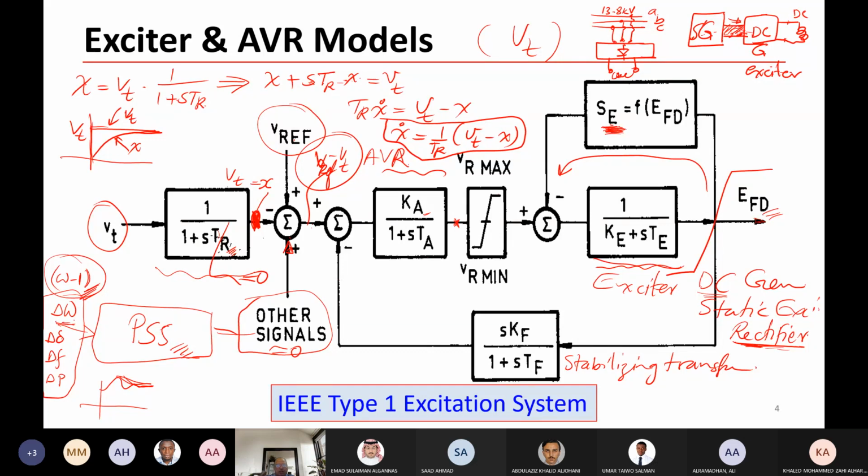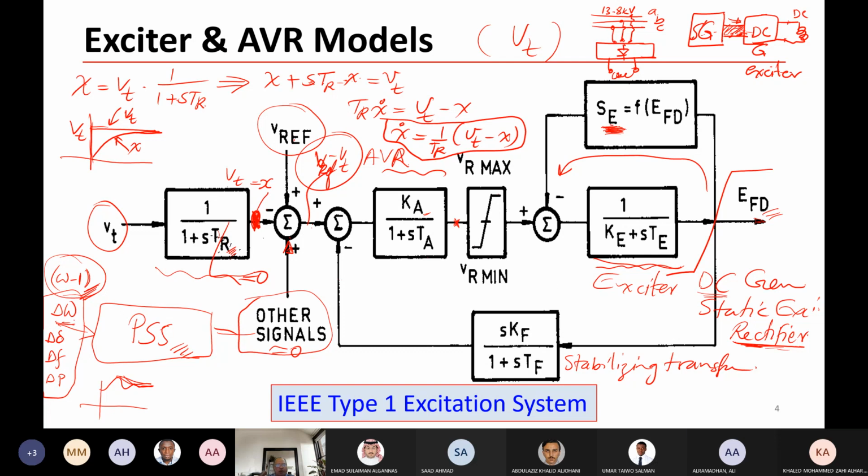What are those 4 states? From each block, there is a state. You don't neglect this one? Oh yeah, I consider this one. So without this, it's 3. Without this one, assuming this is 0, as we mentioned.